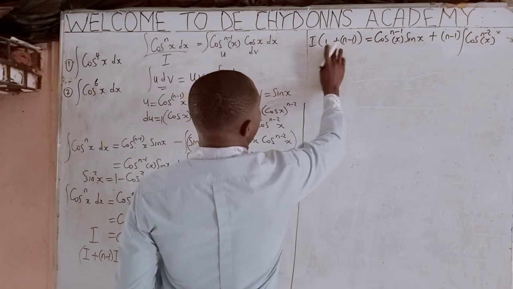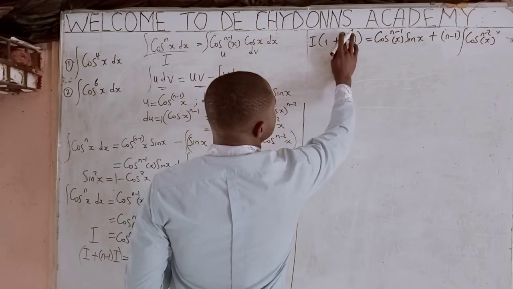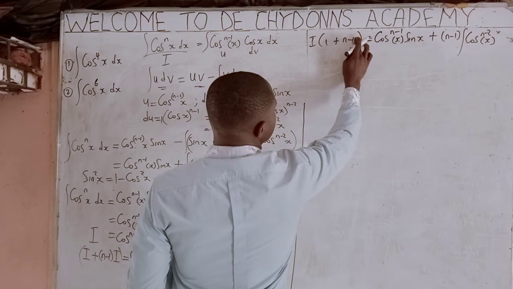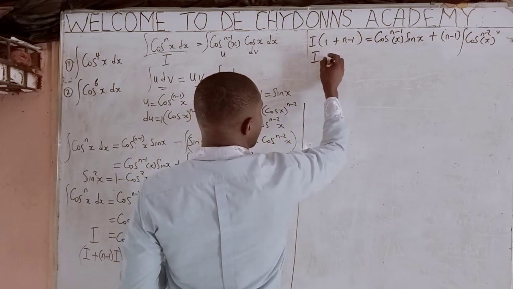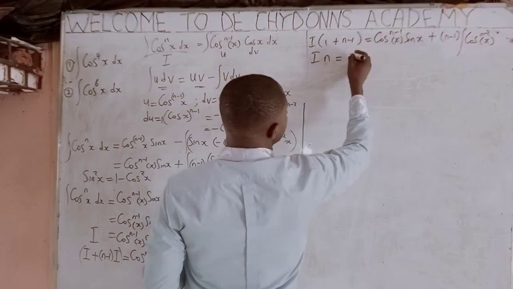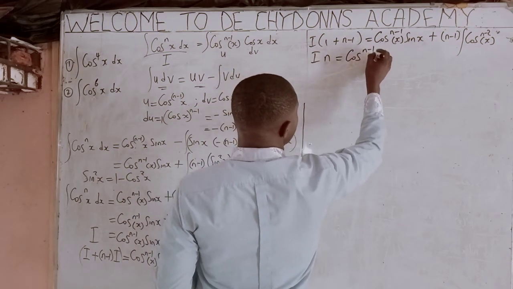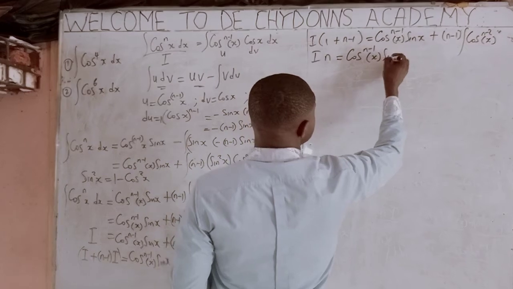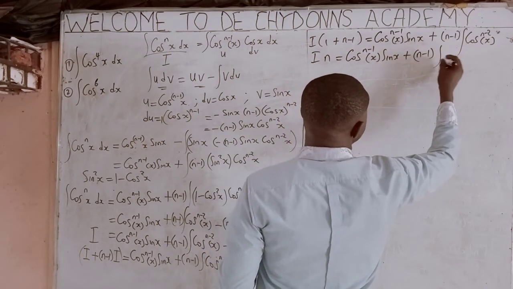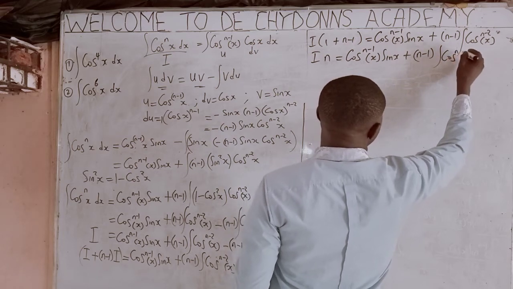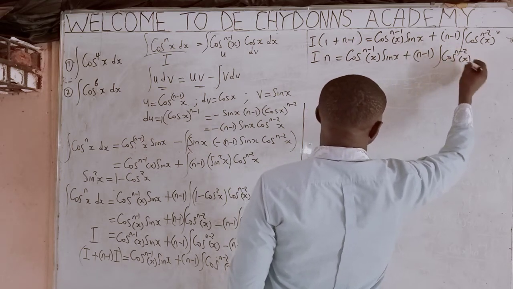Now this means 1 plus n minus 1, minus 1 gone. I_n equals cos^(n-1)x sin x plus (n minus 1) integration cos^(n-2)x.